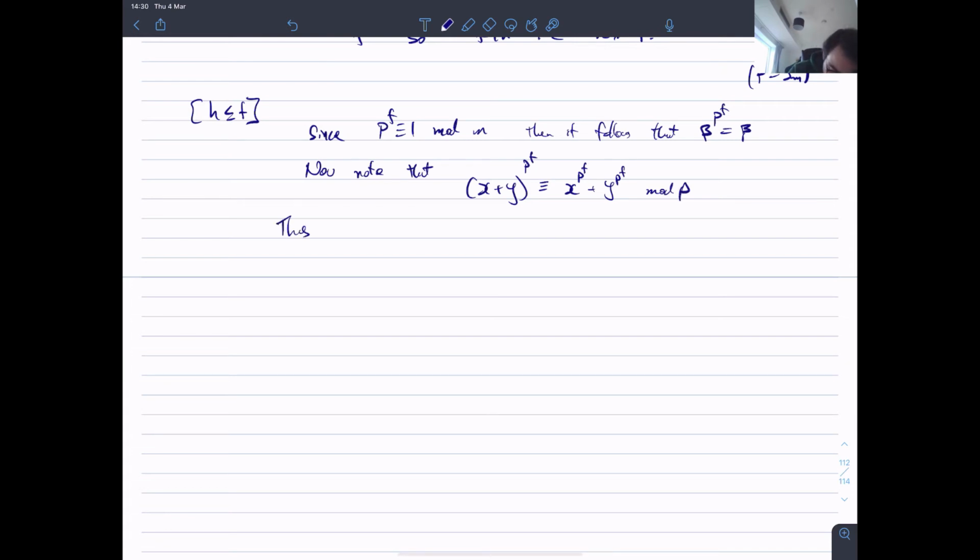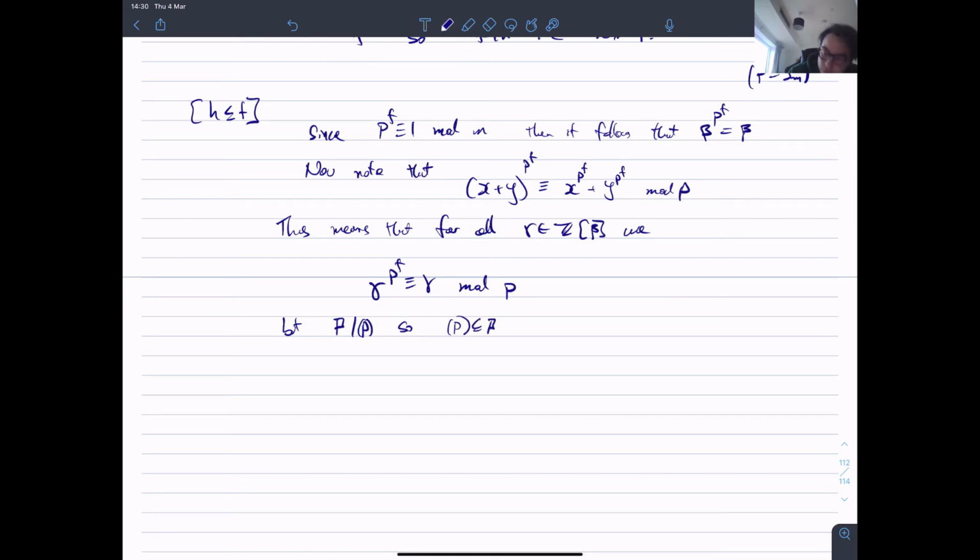Which means that for all gamma in my ring of integers, we have gamma to the p to the f is congruent to gamma mod p, but p is contained inside my prime ideal. P divides my prime ideal, so this ideal is contained in this ideal. So the same thing holds, but instead of mod p, mod my prime ideal.